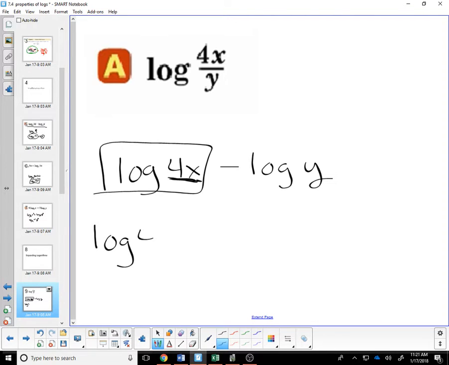So log of 4 plus log of x minus log of y. Pretty cool, huh? So is that the final answer? There is no answer. We haven't answered anything. But I know what you're asking for, and I think that's as far as we can go.